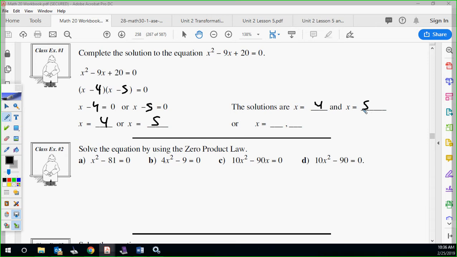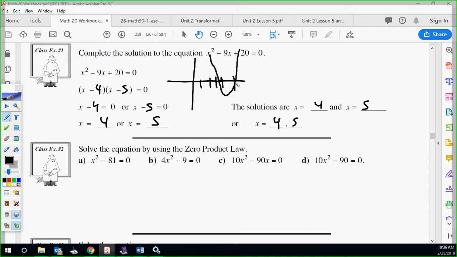Again, these solutions represent where these parabolas cross the x-axis. If I just drew you a quick sketch of what this could look like, it's doing something like this. I missed the 4, but going through 4 and 5 there. That's what's happening.